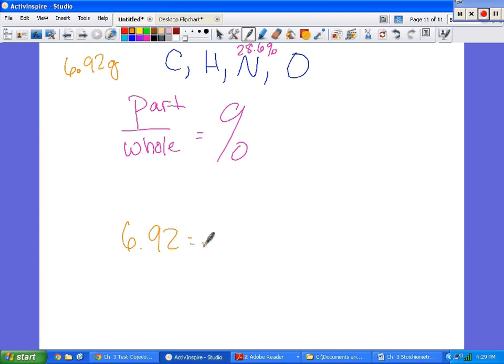What am I searching for? I'm searching for nitrogen. Isn't it the part? How do you do this mathematically? You multiply. You agree? Be very careful. Can I multiply these numbers exactly as is? This is a percentage, right? What would you do with that? Change it to what? Somebody tell me how much mass of the 6.92 would be nitrogen?